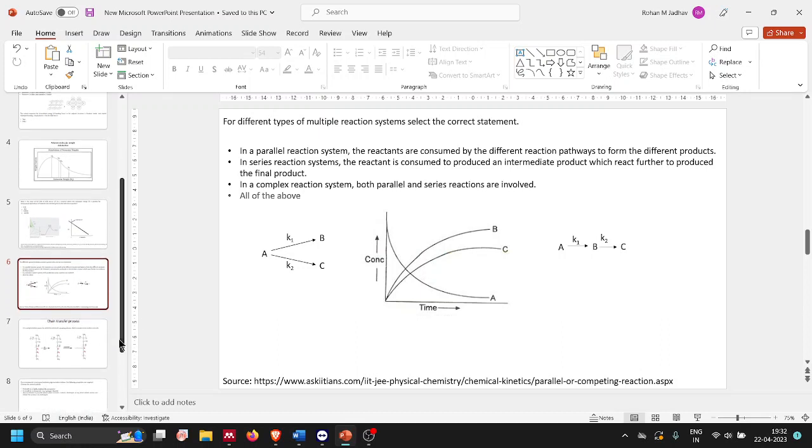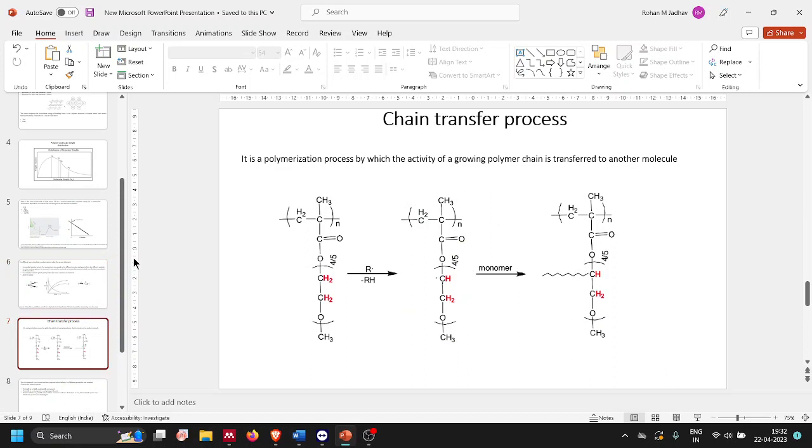Next, we'll be seeing a topic in chain polymerization, radical chain polymerization, and how this phenomenon affects the polymerization rates of the process. We have the chain transfer process. Chain transfer is defined as the polymerization process by which the activity of a growing polymer chain is transferred to another one. So in straightforward terms, we have a chain here.